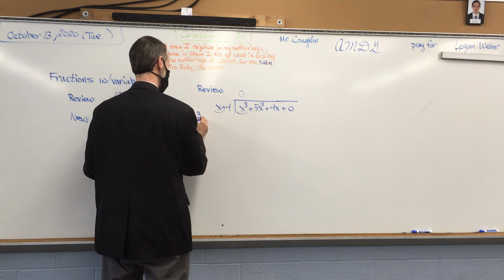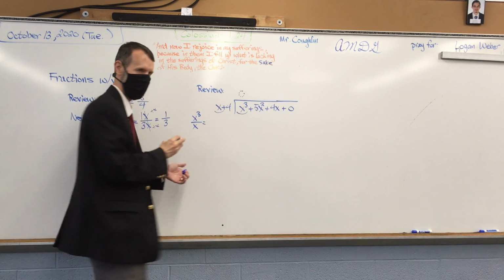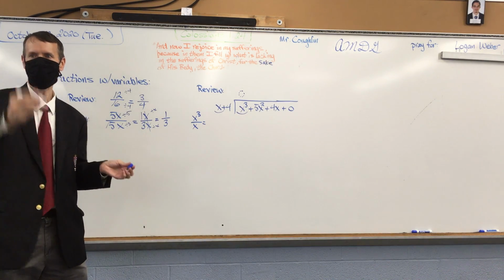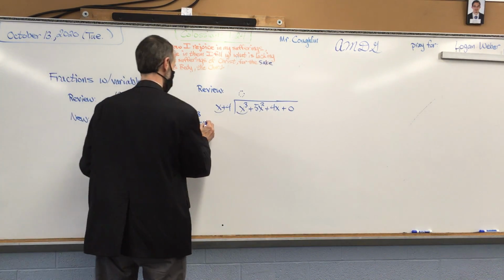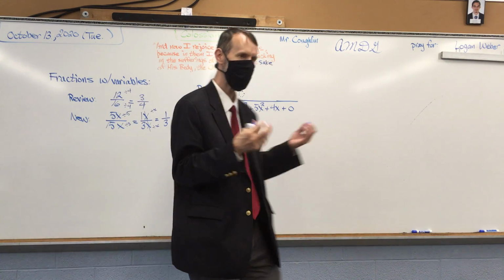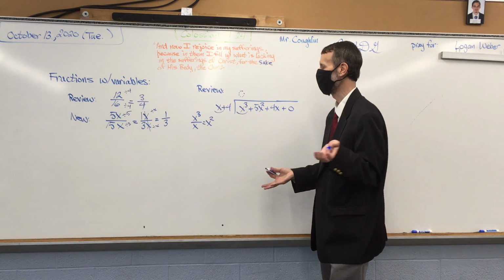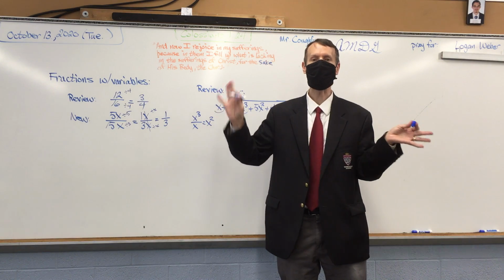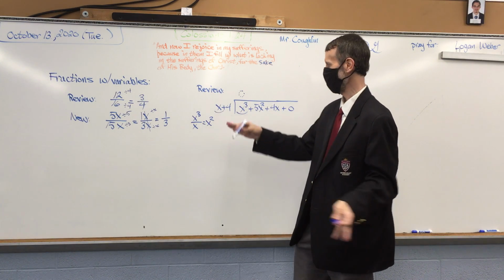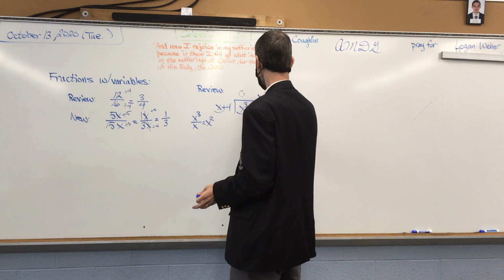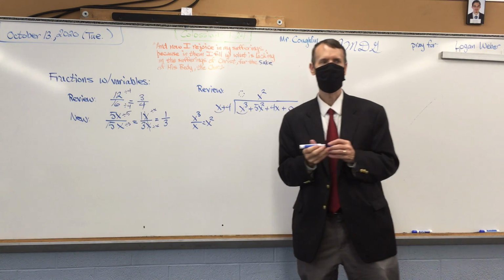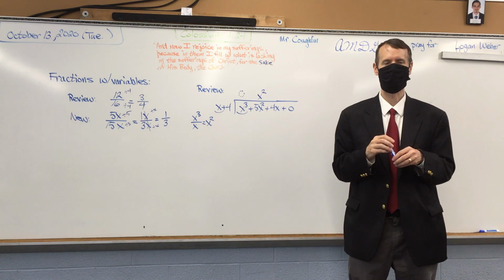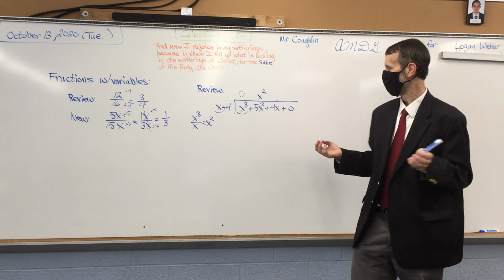Do x cubed over x. Tell me what you actually get though. x squared. Isn't that a surprise? It looks like it might be 3, but it's not. x would go into 3x 3 times, but not x cubed. So up here you put x squared. It goes in x squared times, which sounds odd, but there it is.